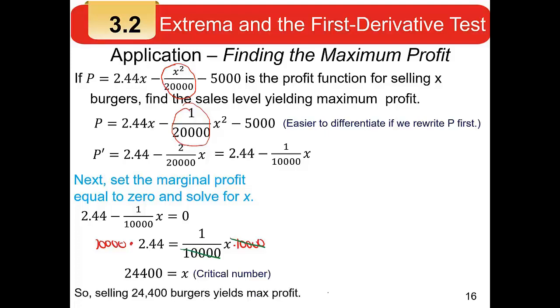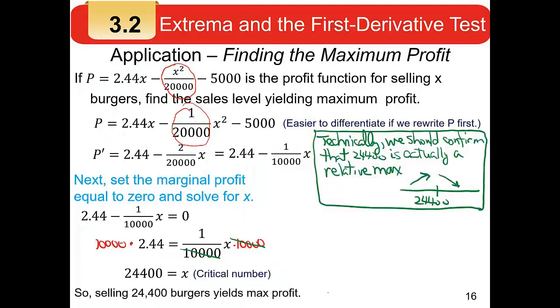Technically speaking, you should go through this test about checking on both sides of it. But since there's only one critical value and it's an application problem, it's almost a formality. I suppose you could get a problem where someone was trying to trick you and say there isn't one. But in general, in an application problem with one critical value, it's going to be what you're looking for.